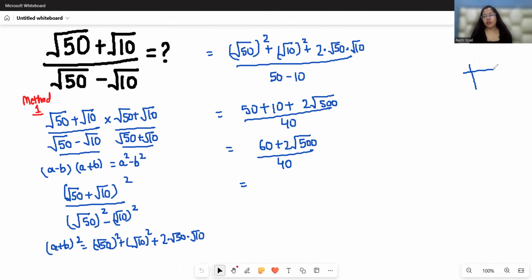Now this 500 we can write as: if we divide it by 2, it's 250, then 125. Dividing by 5 gives us 25, with 5 again it's 5, and with 5 it's 1. So we can make a pair, giving 10√5.